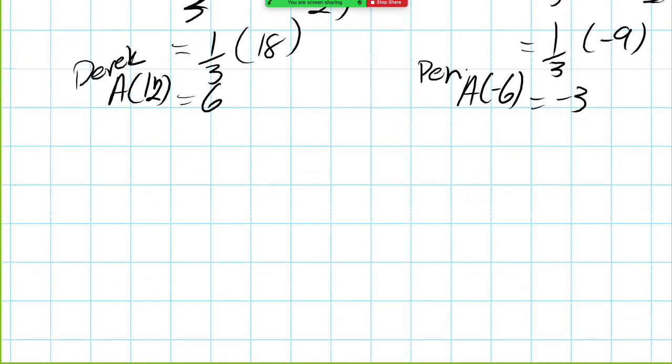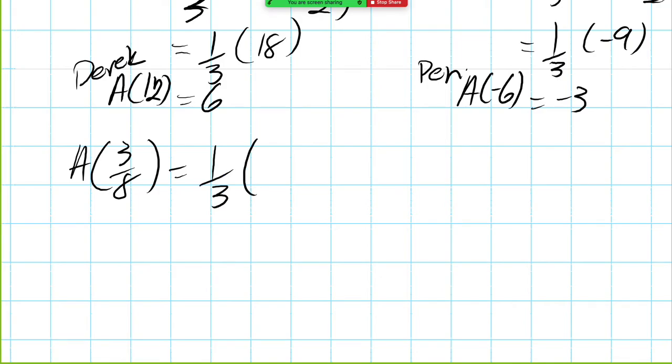Jennifer is 3/8. So A at 3/8 here is 1/3 of 3 over 8, plus, this is where it gets a little tricky, 3 over 8 divided by 2. I'm going to write it like this.